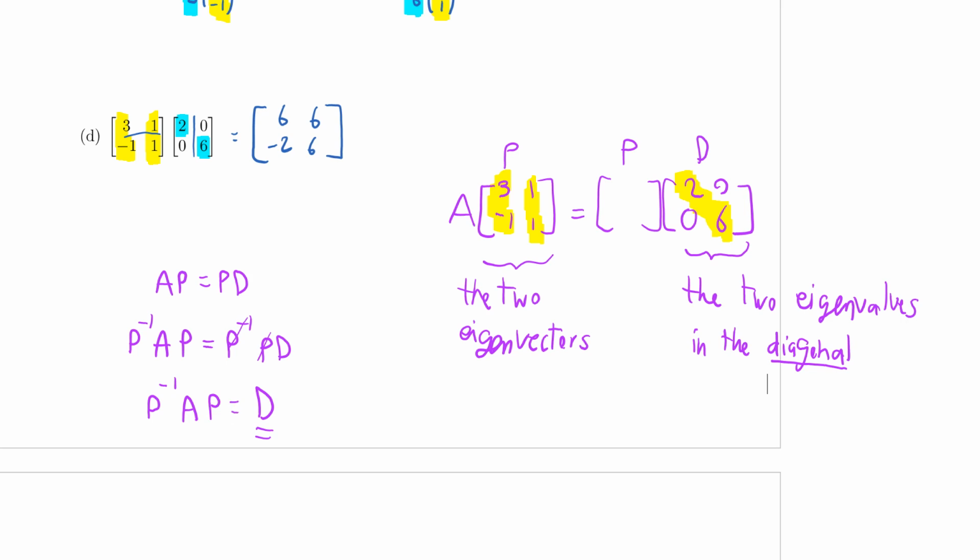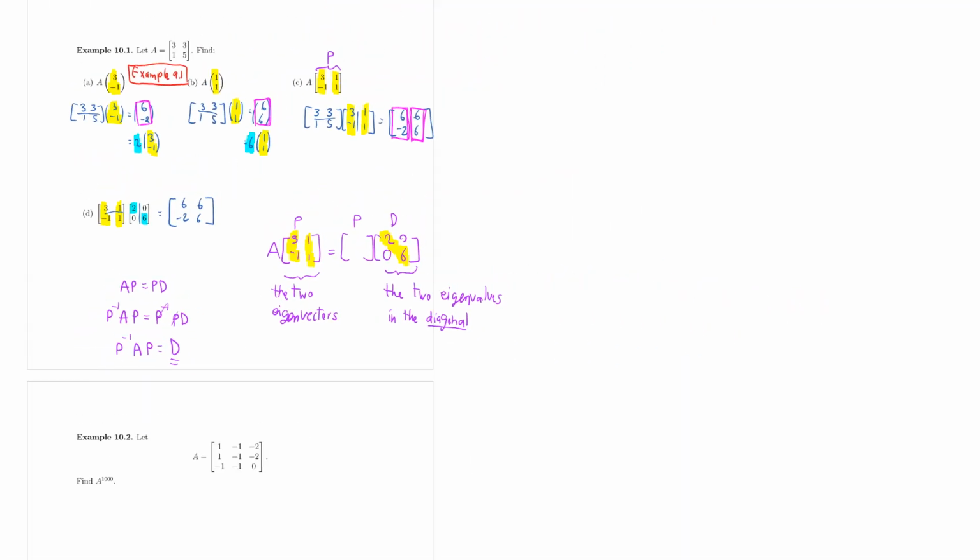It turns out this is actually true in general as well. Let's say that my matrix A is a square n by n matrix and it has eigenvalues lambda 1, lambda 2, and so on to lambda n, and eigenvectors v1, v2, and so on to vn.